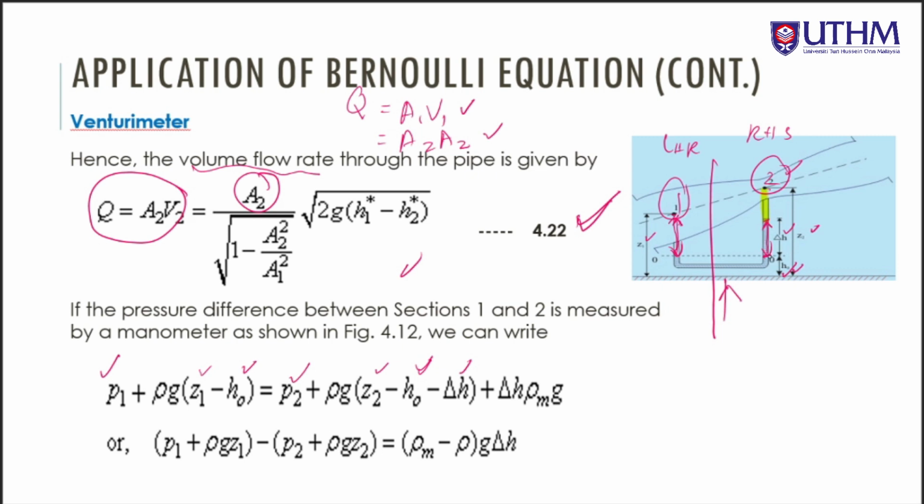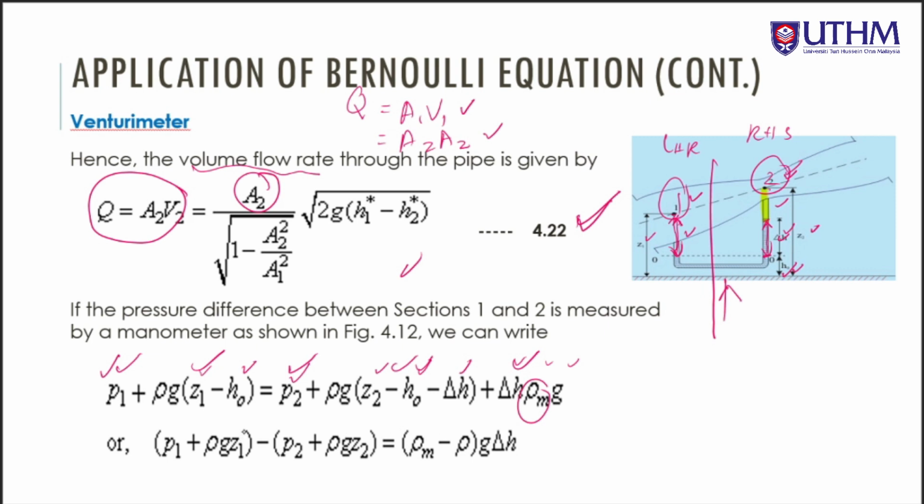Which is rho M lah, rho dalam manometer sebab tadi rho air flow dekat atas, yang ni dia jadi rho M delta Hg. Okay, so kita ada kat sini 1, 2, kat sini kita ada 1, 2, 3 part.